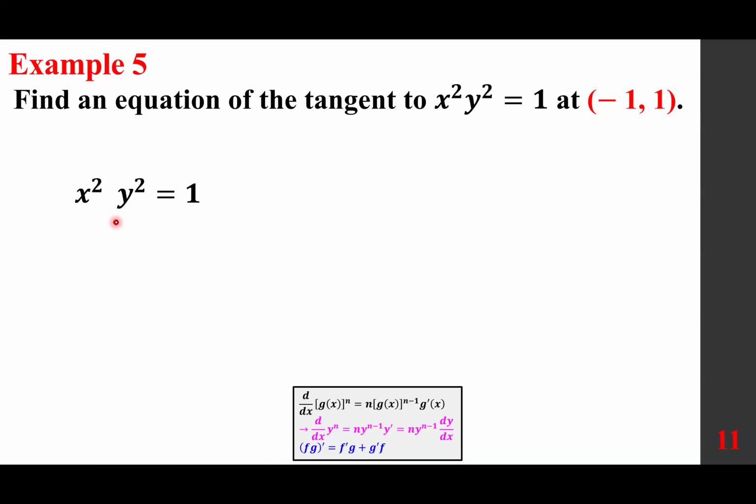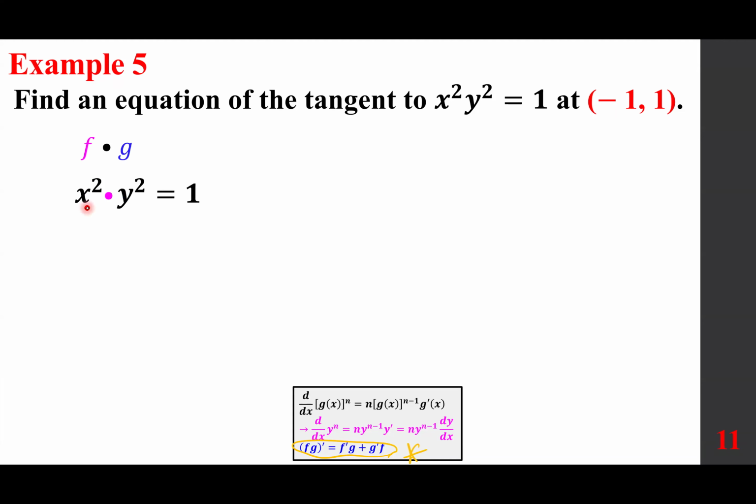To differentiate this, we recognize this as the product of x squared and y squared. So we put a raised dot in between, and we call it f times g. And we're going to use the product rule on that.